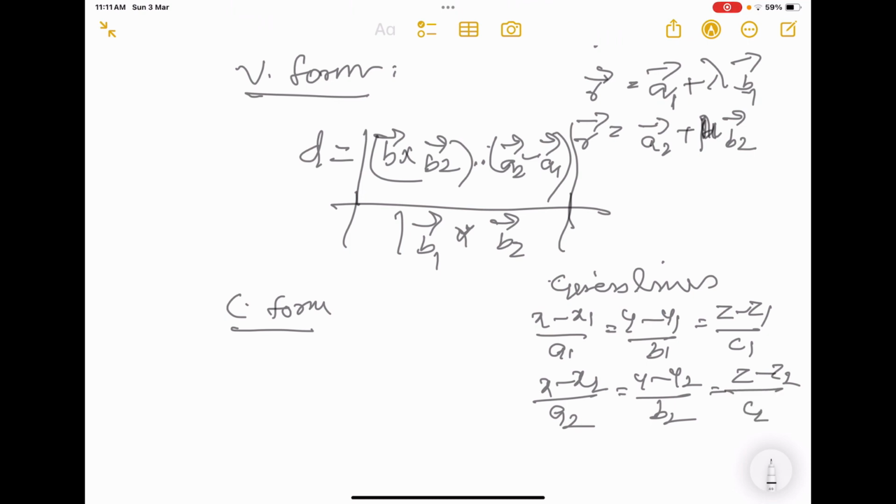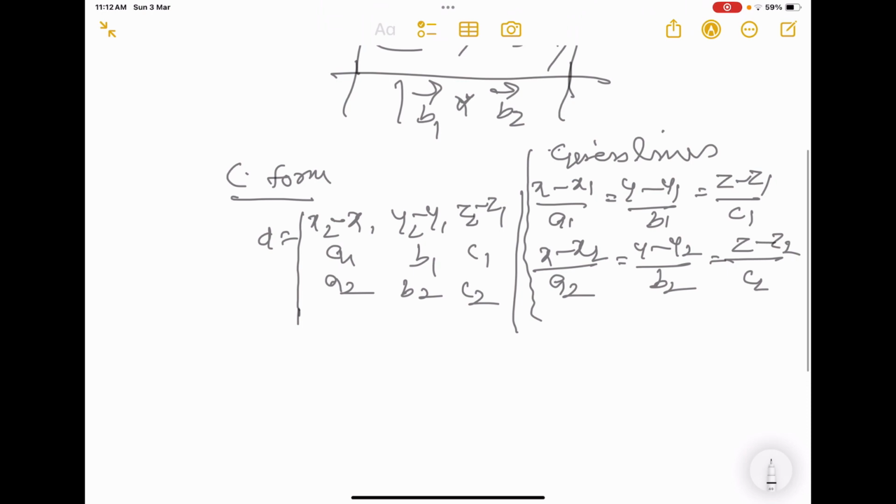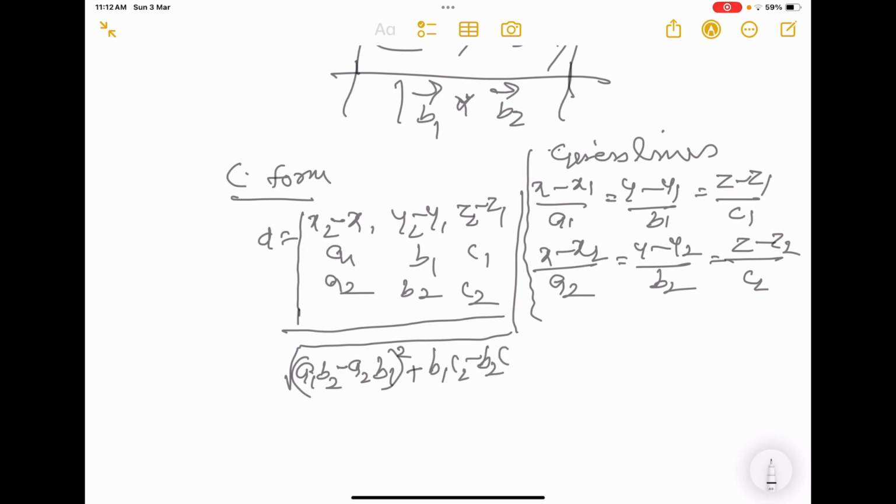Then in Cartesian form, d equal to the determinant with rows x2 minus x1, y2 minus y1, z2 minus z1; a1, b1, c1; a2, b2, c2, divided by root of (a1 b2 minus a2 b1) whole square plus (b1 c2 minus b2 c1) whole square plus (c1 a2 minus c2 a1) whole square.